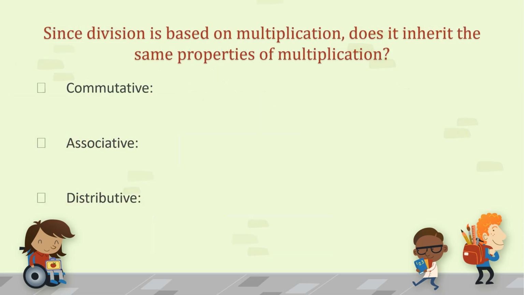Some strategies, but before we talk about strategies, let's talk about the properties. Since division is defined based on multiplication, does it inherit all of the properties that multiplication has? The commutative property: is 10 divided by 5 the same as 5 divided by 10?